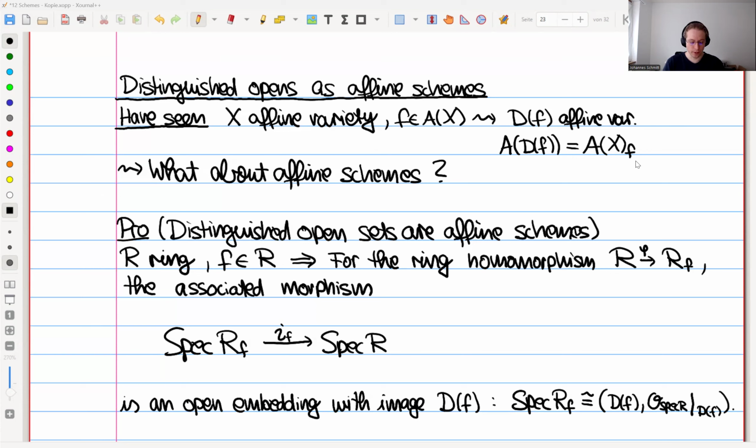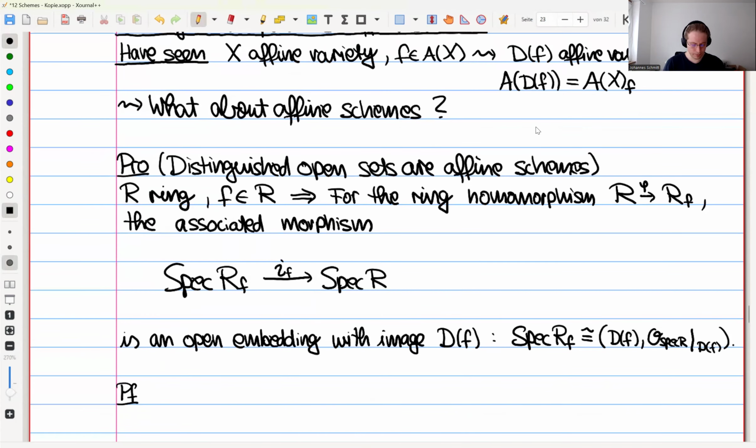And the question is, what about the affine schemes? When we discussed the topology, we already saw that the D(F)s still make sense as distinguished opens, and now we give them the structure of a scheme in a particular way. So we see these distinguished opens as affine schemes. For this, let R be a ring and F an element.